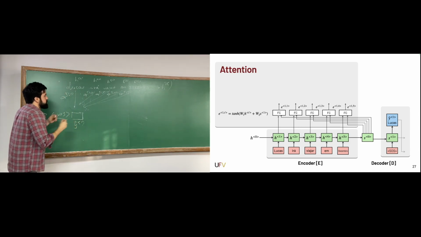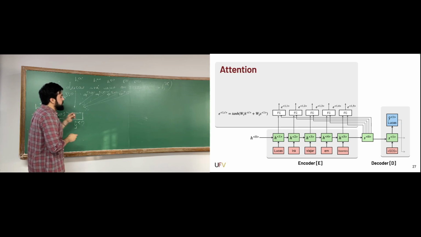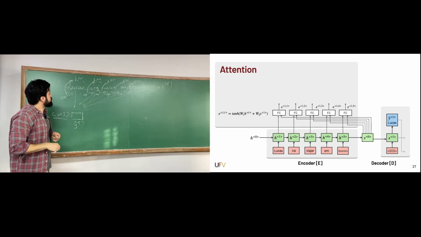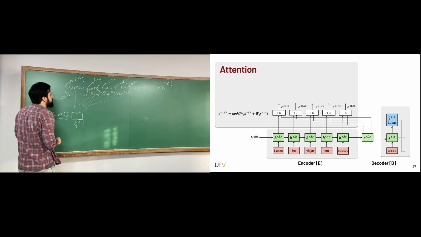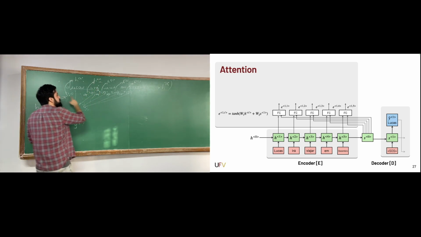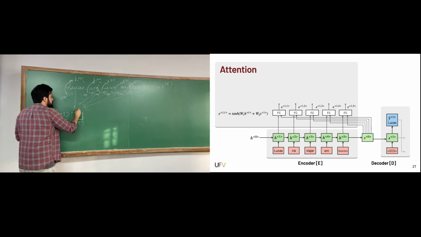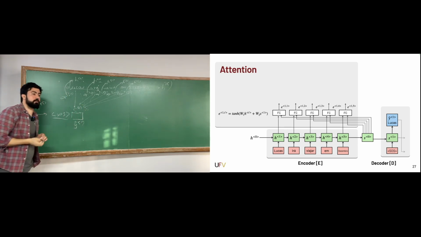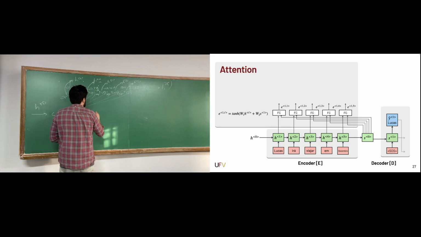So those are weights, and what we are doing right now is computing these weights. I'm going to multiply each hidden state by a weight, and then do a weighted sum of all these things, and I'm going to call that a context vector, C1.